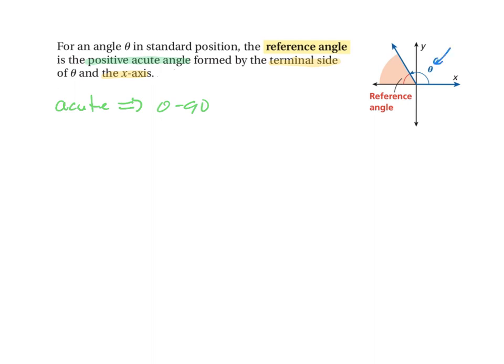The reference angle is the fastest way back to the x-axis from that terminal side. This angle right here is the reference angle, and our job is simply to figure out its degrees in the next exercises.